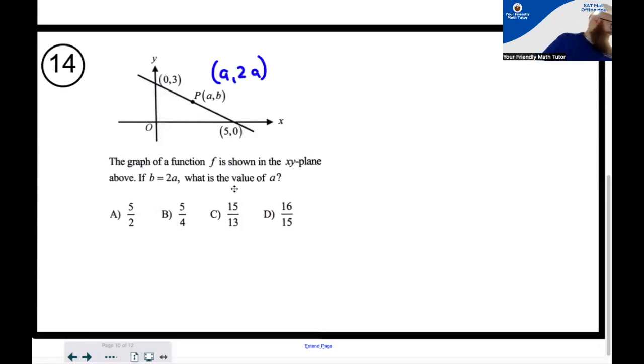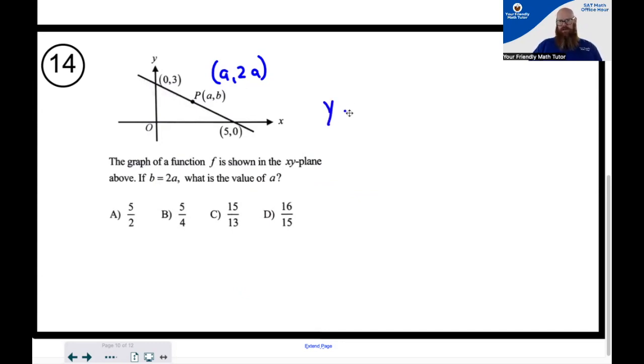So we have a couple different ways to do this problem. Let's think about the quickest way. I'm just running through real quick to see if there's a shortcut. Yeah, I'm just going to find the equation of the line.